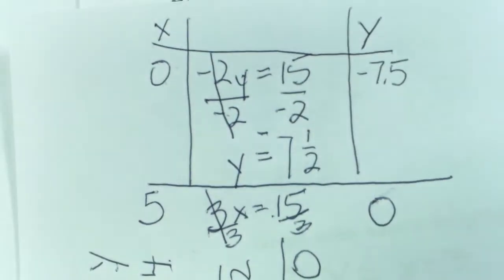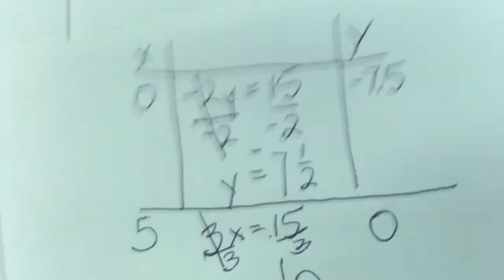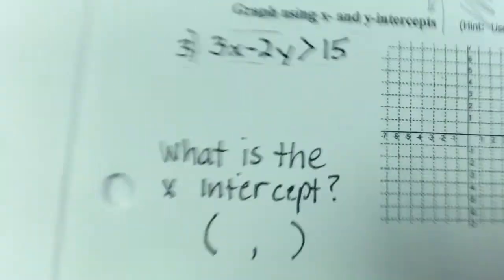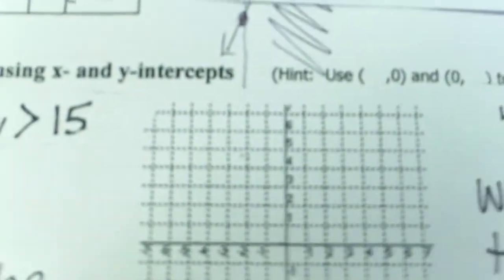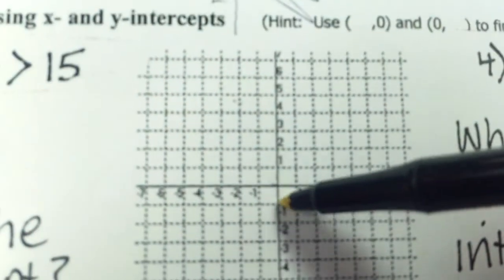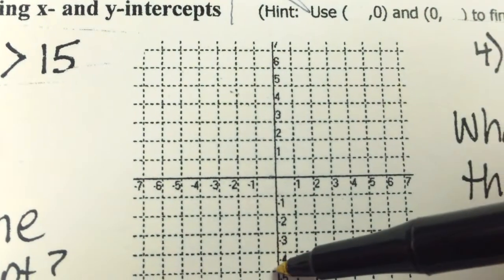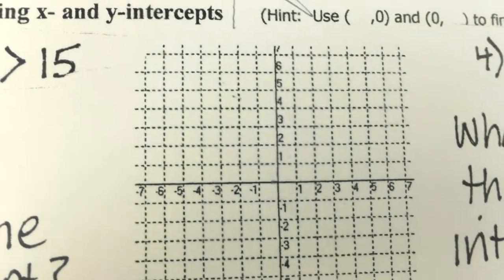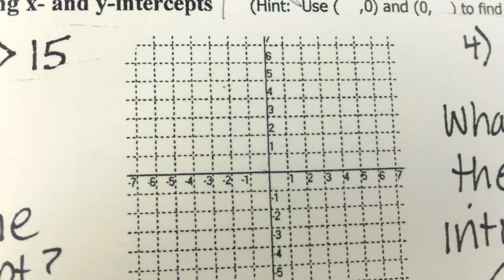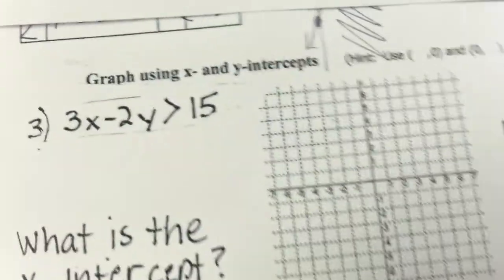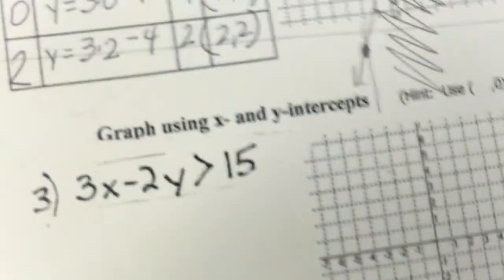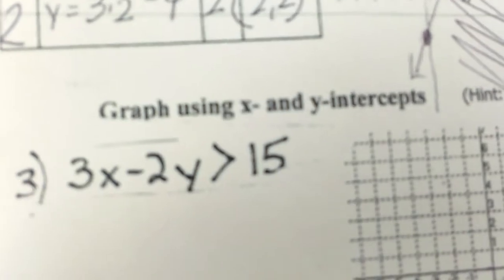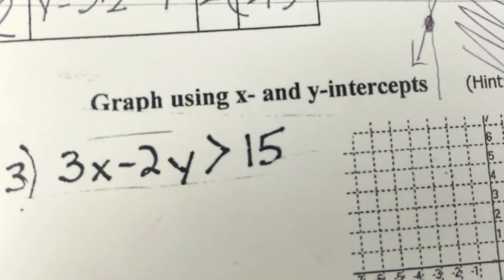So our 2 points are 0, negative 7.5. So we have 0, negative 1, 2, 3, 4, 5, 6, 7.5 would just probably be about right there. And then our other point was 5, 0. X is 5. Y is 0.